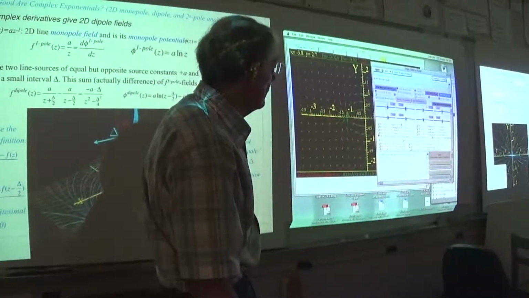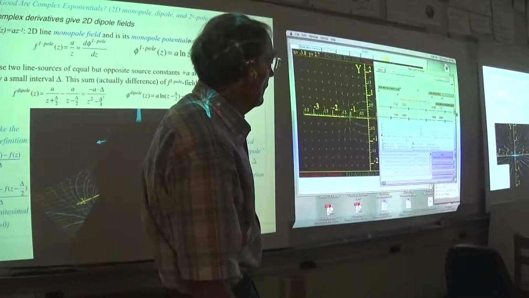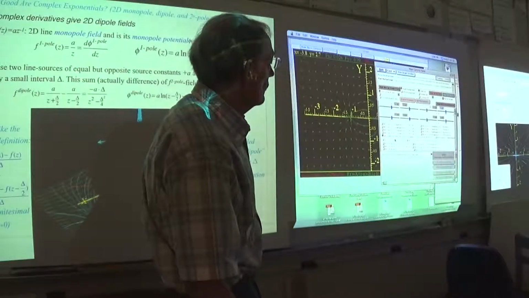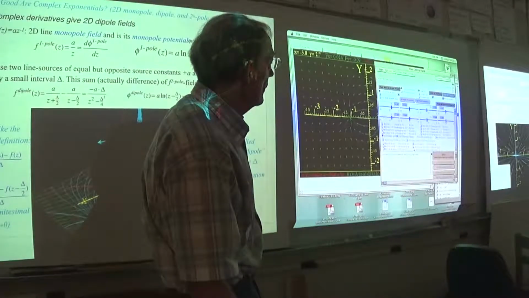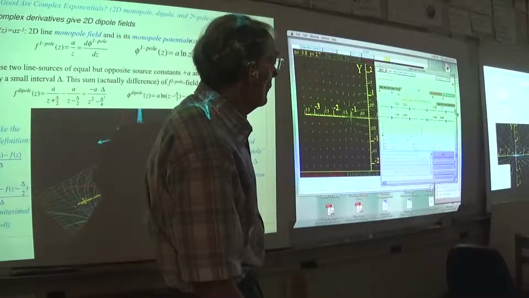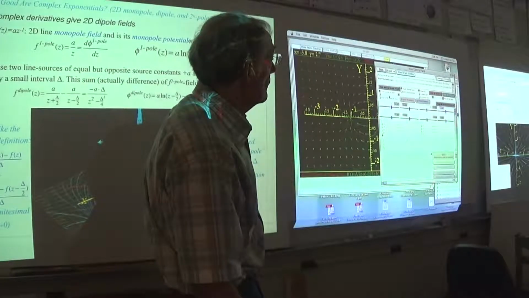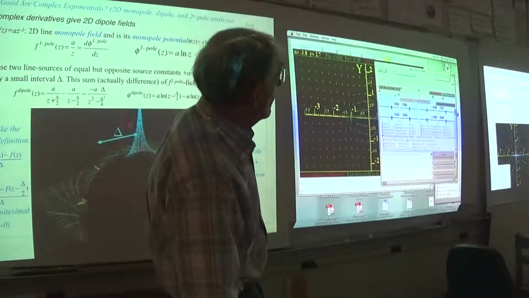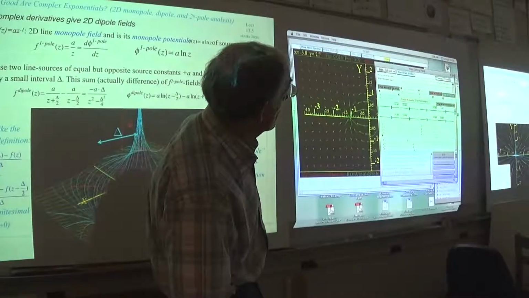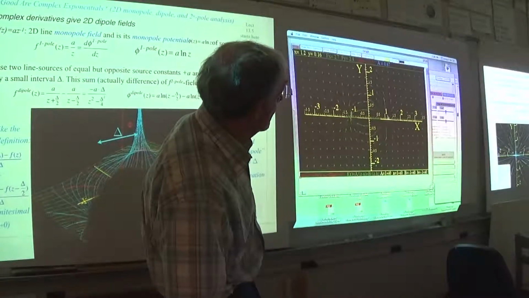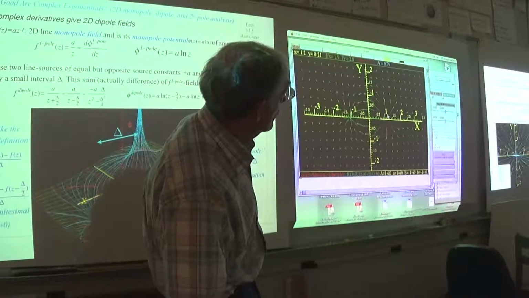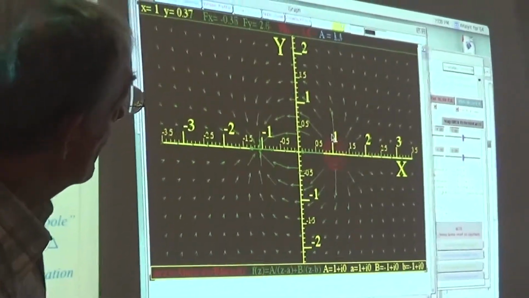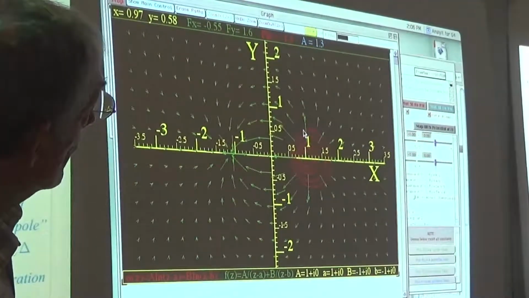And what I've done here is I've picked out of this menu the physical dipole that we'll look at first, and I'm going to go ahead and let it plot out the scalar potential and the vector potential. Let's go ahead and plot the field here, and then I've got it set to do the scalar potential. And this is really, I think, quite surprising. This is not something that happens with point charges.